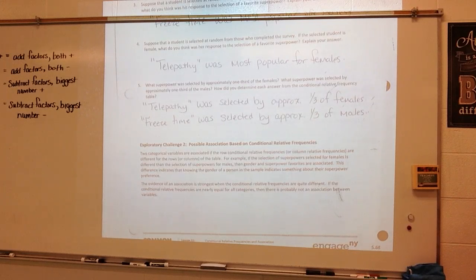If you know that a person is male, could you predict that country music is his favorite type of music? Probably not. Just because he's male does not mean that he likes country music. So in this case, there is no association between gender and music preference.